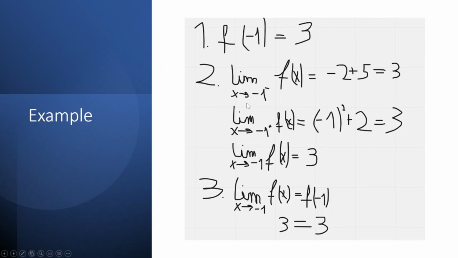After that we check every limit, from the left hand, right hand, and at the point, and we see that every one has the same value. After that we check, and this function is continuous because we see here that 3 is 3.